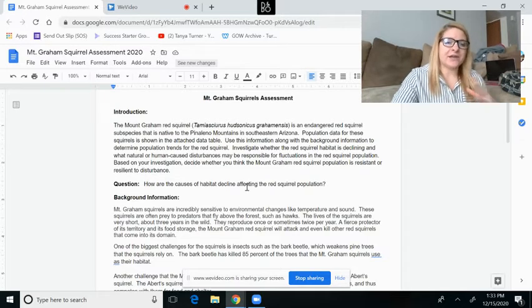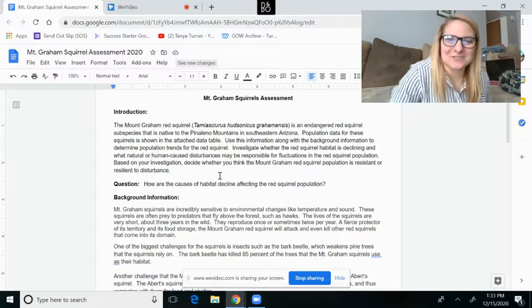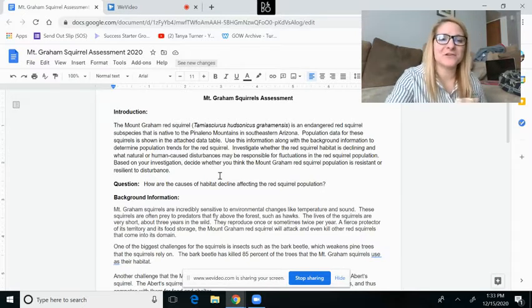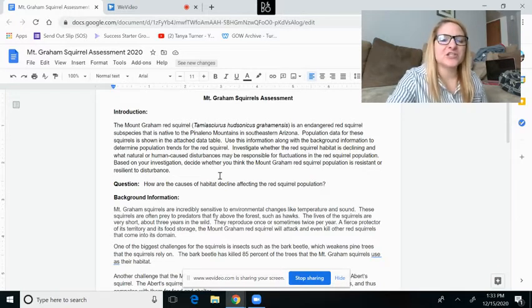So here's our introduction. The Mount Graham red squirrel is an endangered red squirrel subspecies that is native to the Pinaleno mountains in southeastern Arizona. Population for these squirrels is shown in the attached data table. We are going to use the information along with the background research to determine population trends for the red squirrel.